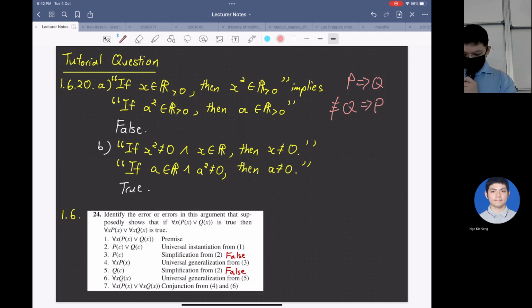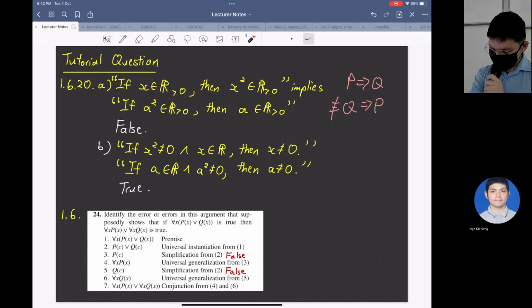So the next one is x not equal to 0 and x in real, then x squared is not 0. This is true. So if A is in R and A squared not 0. Hey, did I copy the wrong question?